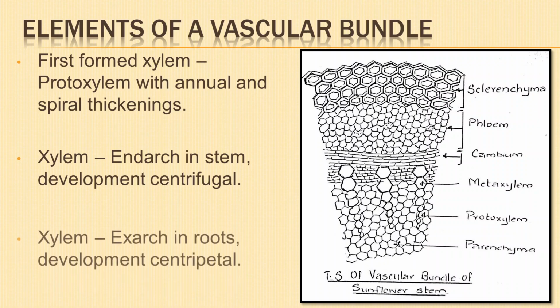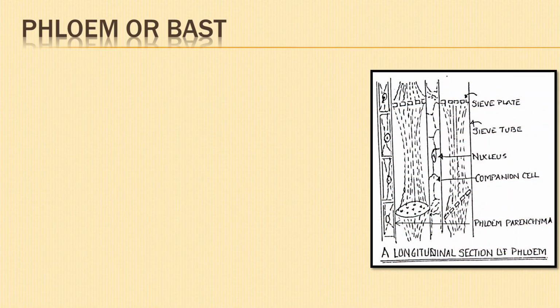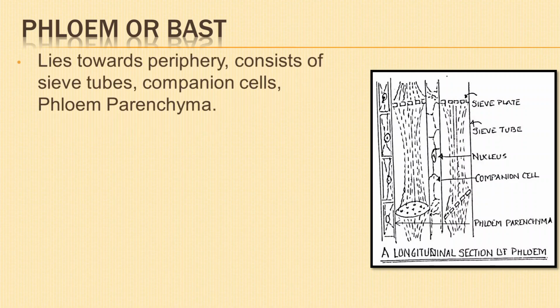In roots, xylem is exarch, with protoxylem towards the circumference and metaxylem towards the center. Its development is centripetal.